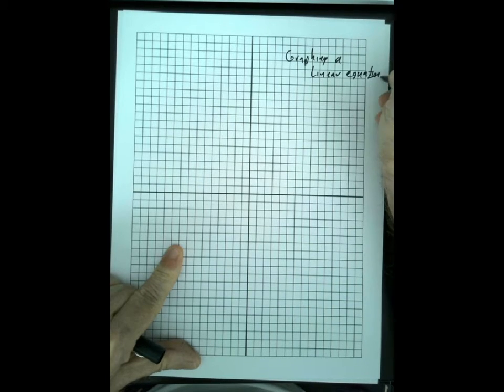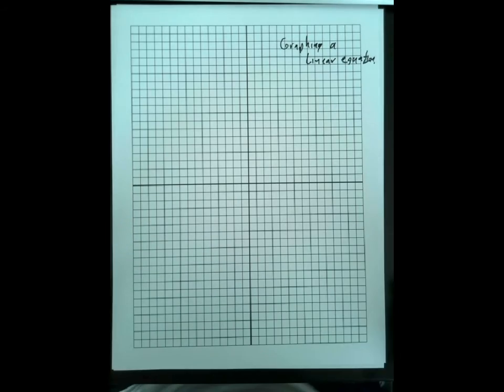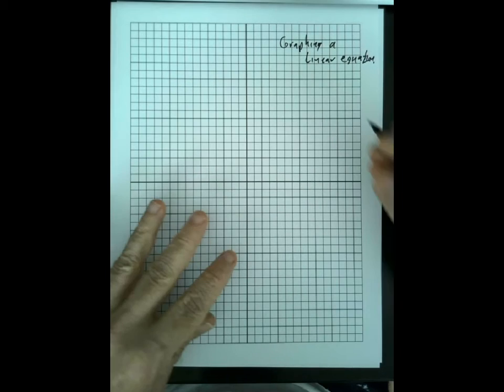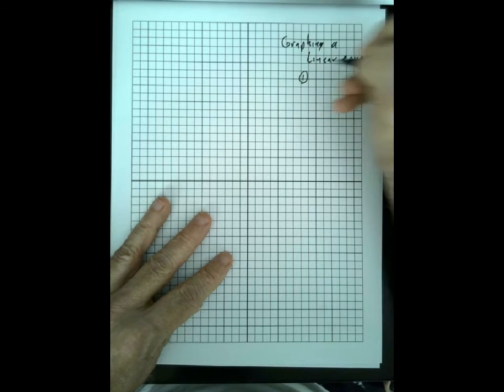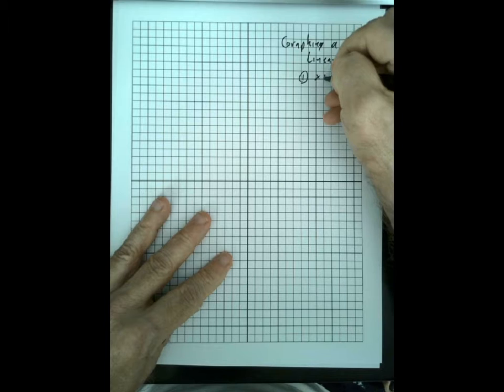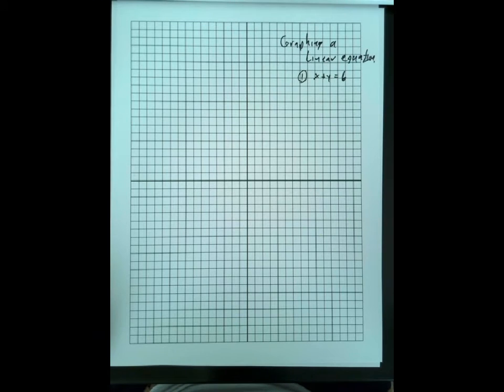Now, one of the key things about this is I'm going to be able to put more than one line on here. Okay, hopefully that won't get too confusing. I'll use different colors. Okay, so let's say we've got the equation. Here's going to be example 1. It'll be x plus y is equal to 6. Okay, that's going to be our first one.